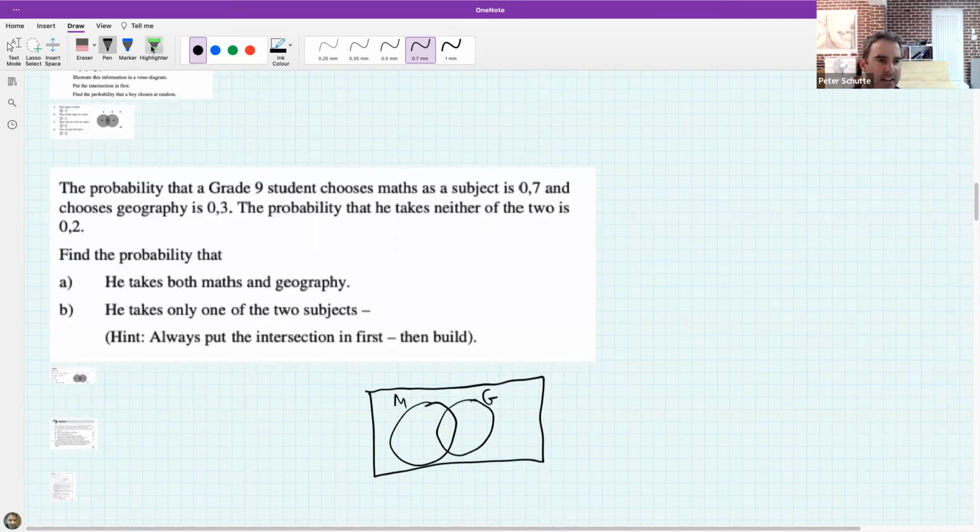The probability that he takes neither of the 2 is 0.2. And so that is going to have to be outside the Venn diagram. So this is going to have to be 0.2, because that's the probability that. Now, can you use that hint? And can you build from the last one to think about the other bits?